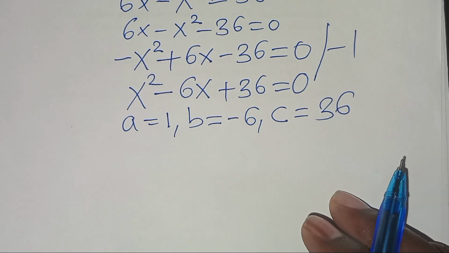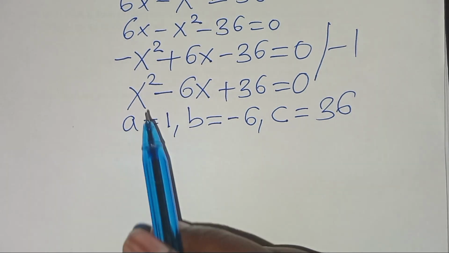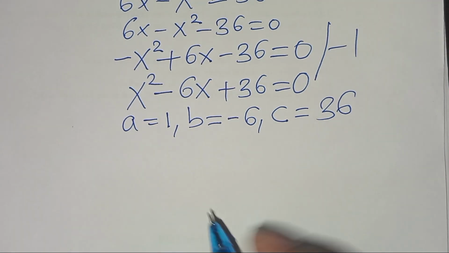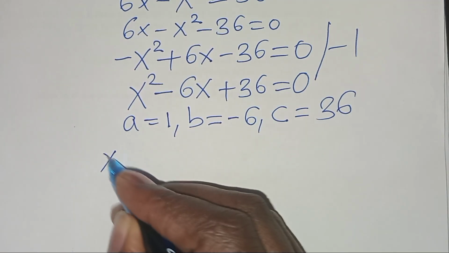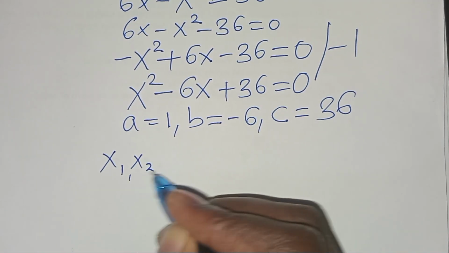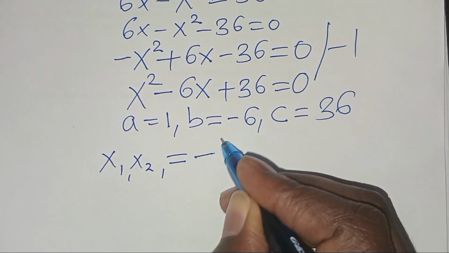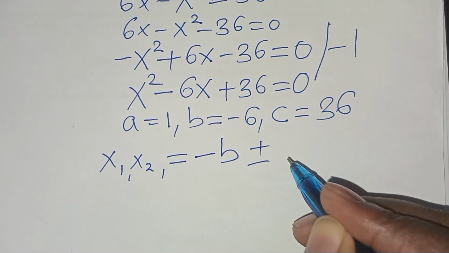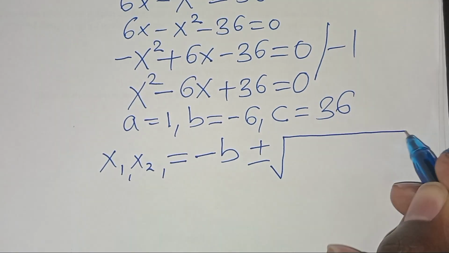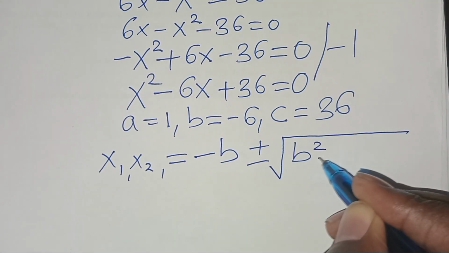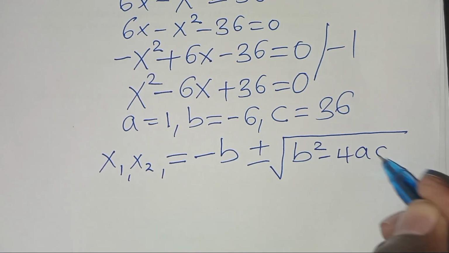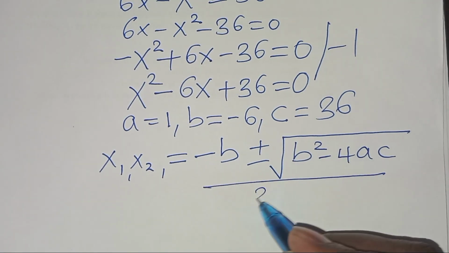Now from here, we can solve for the values of x by applying the quadratic formula, which is x1, x2 equal to negative b plus or minus the square root of b squared minus 4ac, divided by 2a.